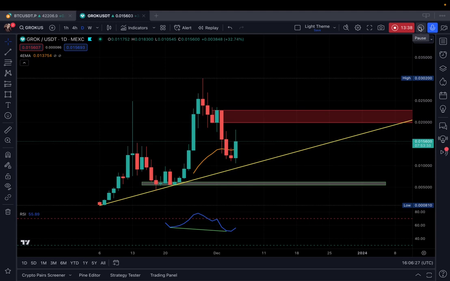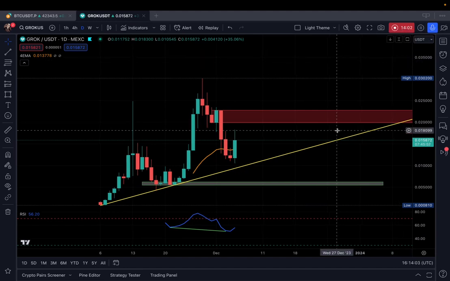Or better yet, don't use leverage at all, just buy spot and trade only in assets that you have a very high degree of conviction about, because you will need this conviction to hold on to your trade, because it's not as easy as some people make it to be.